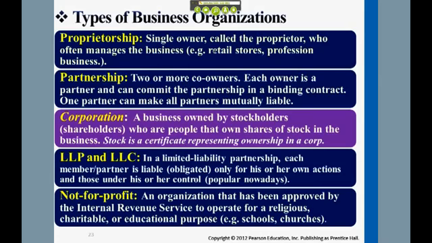As opposed to that, partnership, just by its name, you know that it has multiple owners. There are 2 or more partners, co-workers, co-owners of the firm, and they have a binding contract. They're mutually liable for each other's actions.